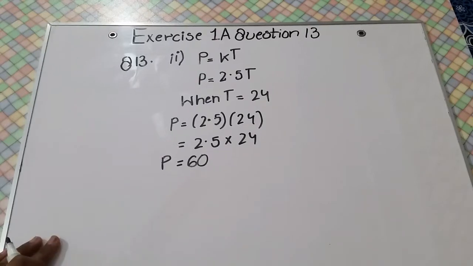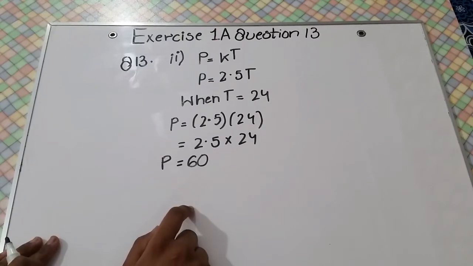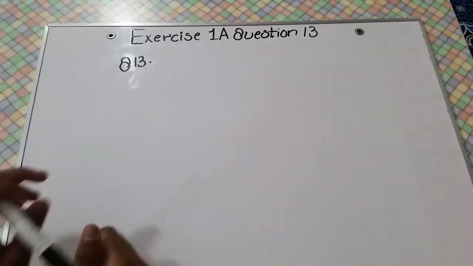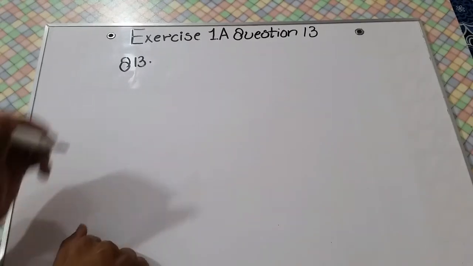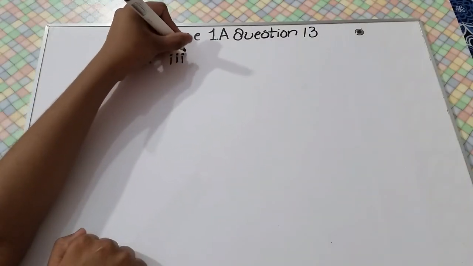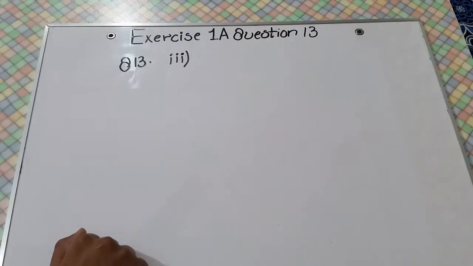Okay, this was part 2 of question number 13. So now we're going to solve part 3, and in part 3 they're asking that we need to find the value of T when P is 12.